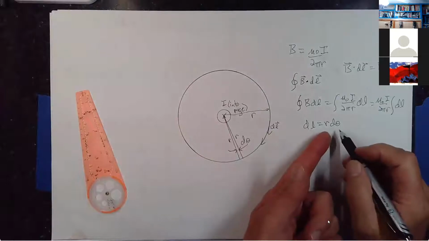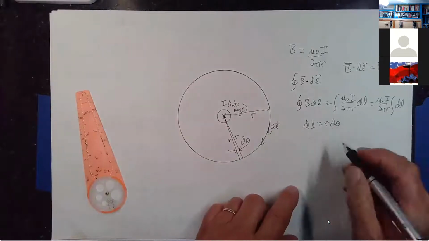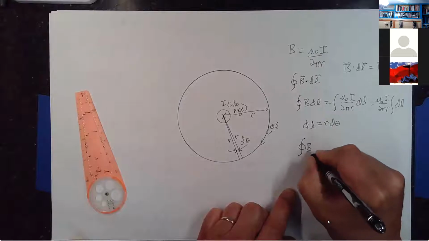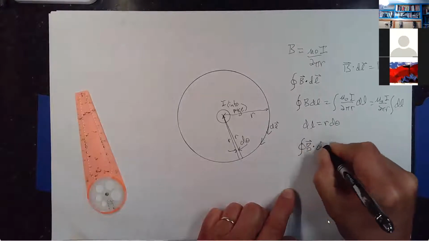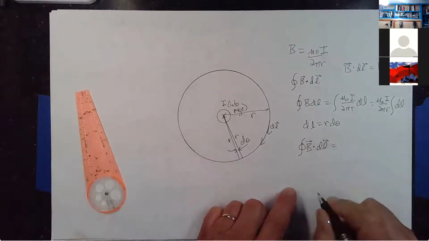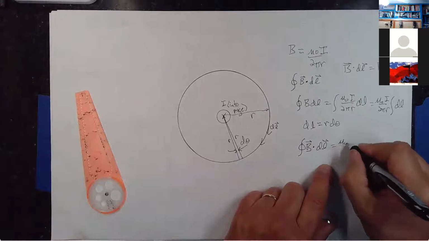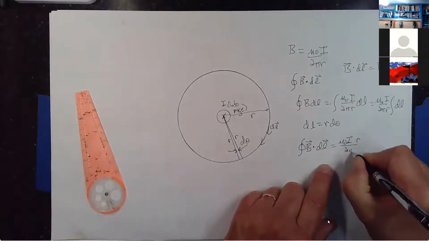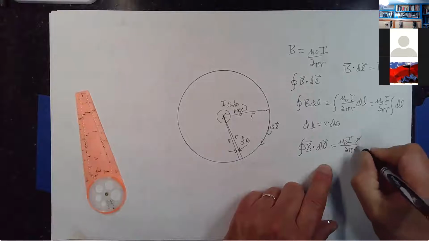So I can pull this r outside the integral, but already what's happening is that my original expression, B dot dl, is now mu naught I times little r over 2 pi r, and the r's divide out.